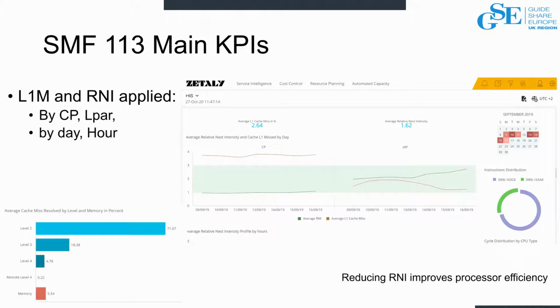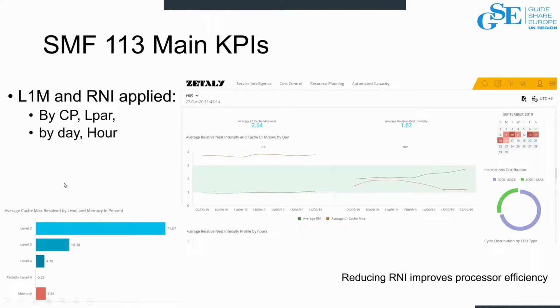So here are some screenshots that you can create to graphically represent the L1 miss and RNI applied. You can create some charts and analyze the information to see where you are with the parameters specified by SMF 113.